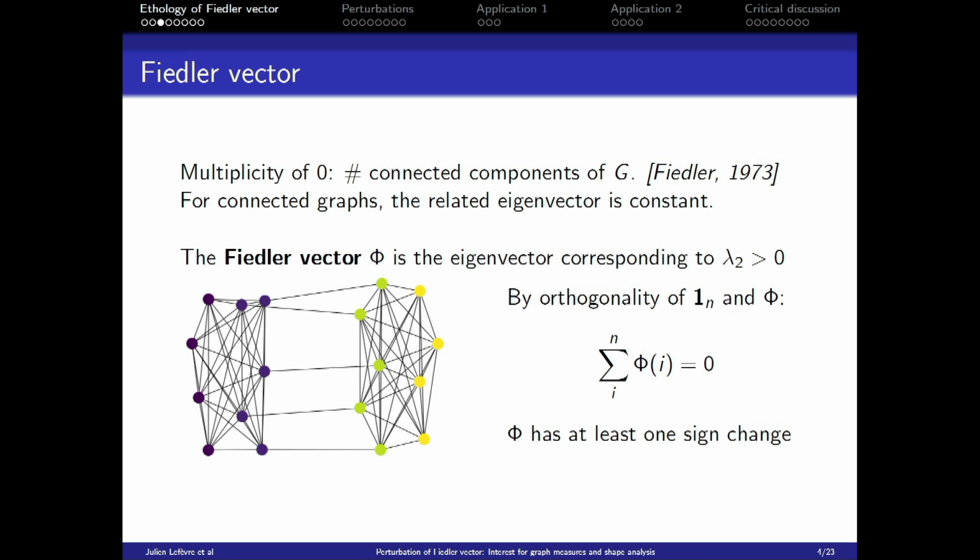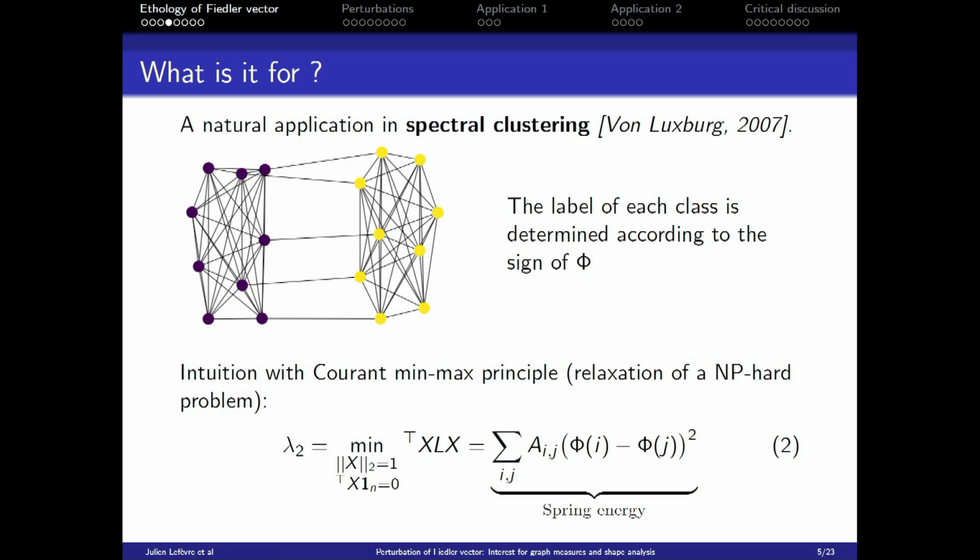Just to have visual intuition, the Fiedler vector is like this. The color corresponds to negative values in blue and positive values in yellow. This is a very classical example where you have two communities, two complete graphs related by a few links. We clearly observe a sign change in this Fiedler vector, which allows classical applications in spectral clustering. You consider the sign of the Fiedler vector, and you are able to retrieve the two communities in this graph.